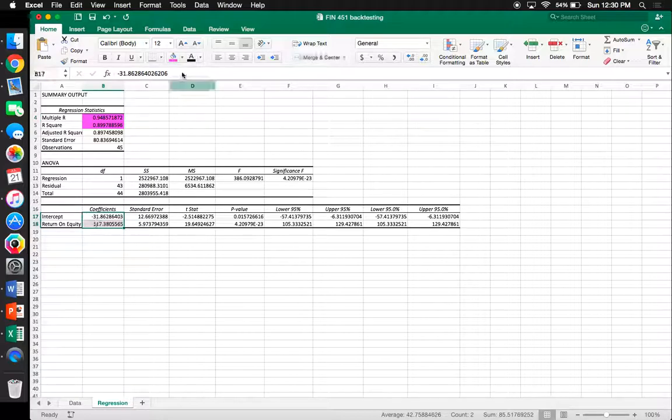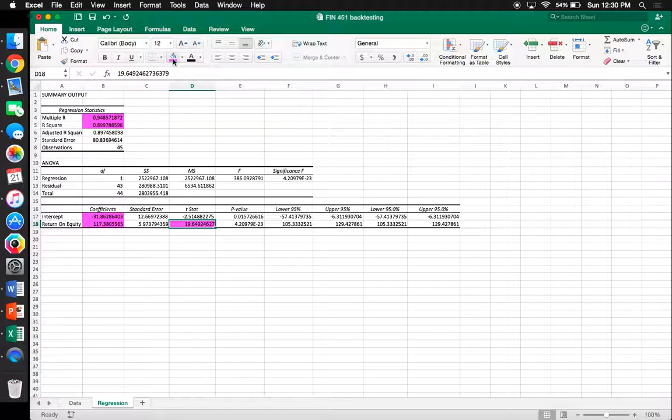If we look at these two numbers down here, my y equals mx plus b equation would be y equals 117.38x minus 31.86. The t statistic is much greater than 1.6, so this indicates that the coefficient is highly significant with 95% confidence.